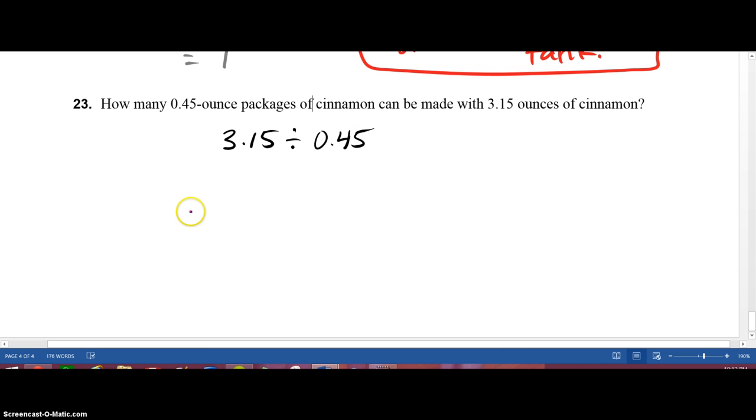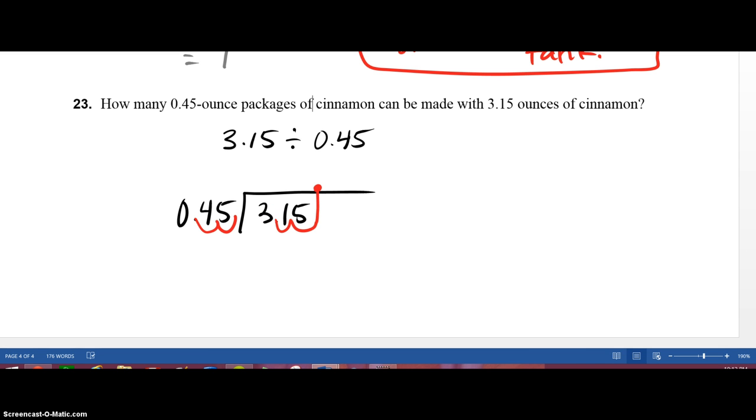So 0.45 or 45 hundredths will be my divisor. My dividend will be 3.15 or 3 and 15 hundredths. Remember, our divisor always has to be a whole number. So we're going to swoop our decimal twice in both of these. Bring my decimal back up. 45 can't go into 31, but it can go into 315.